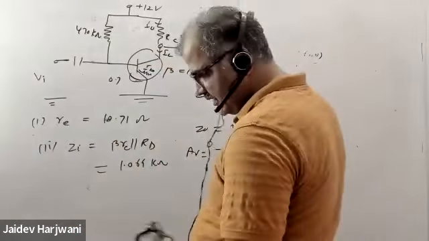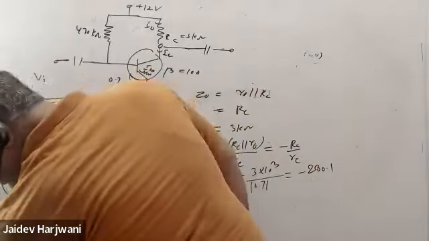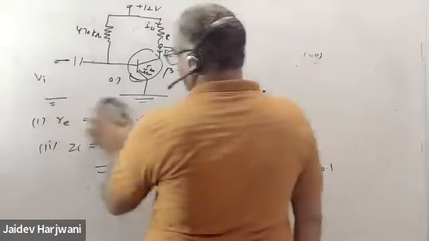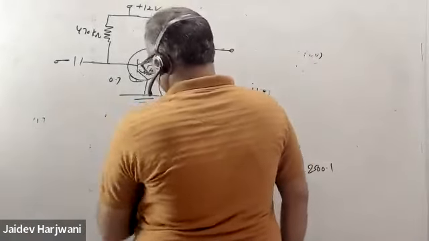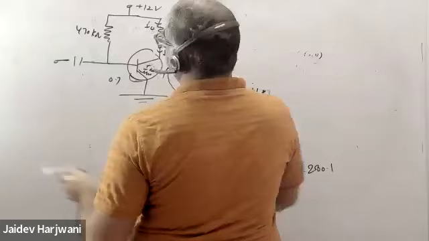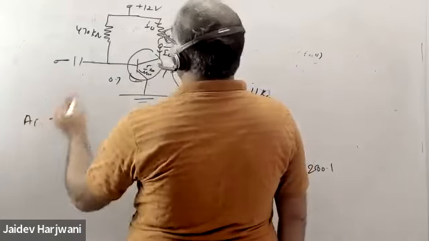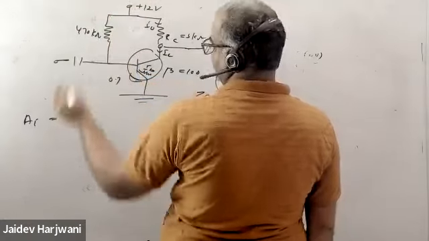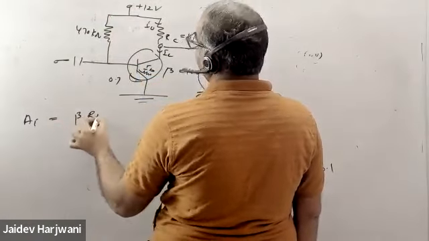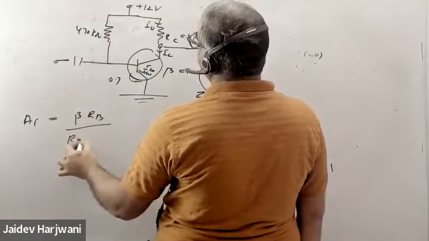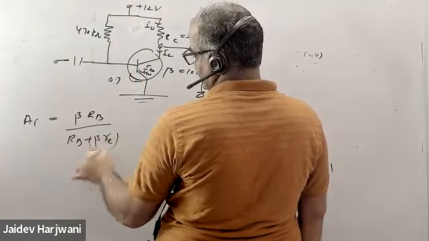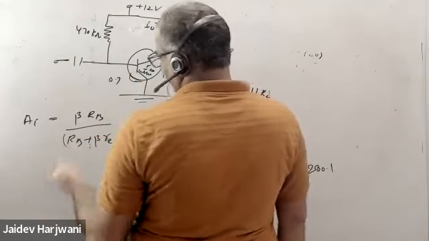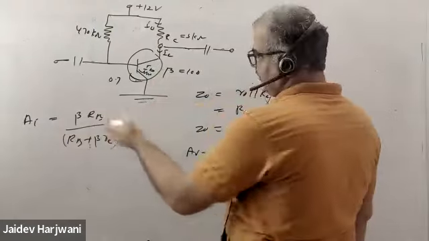Current gain का फॉर्मूला क्या है? करंट गेन का फॉर्मूला है, you have current gain AI. इसको तो infinite ले लिया है, ये R naught कट जाएगा, तो AI का फॉर्मूला जाएगा beta RB upon RB plus beta RE. So almost 100 ही हो जाएगा, पर चलो मैं RB पे ले लेते हैं.